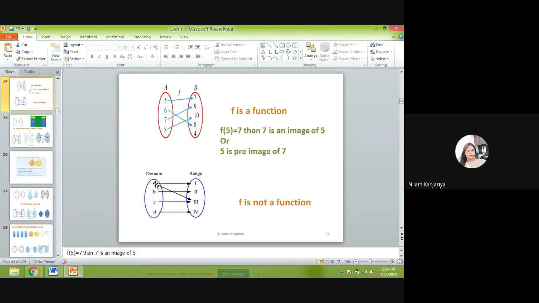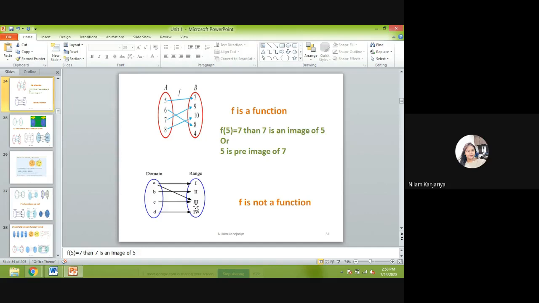Remember, you have such a domain, set A, B, C are the names of students, and the codomain is the standard they are studying. A person whose name starts with A is studying in standard one and also in three.